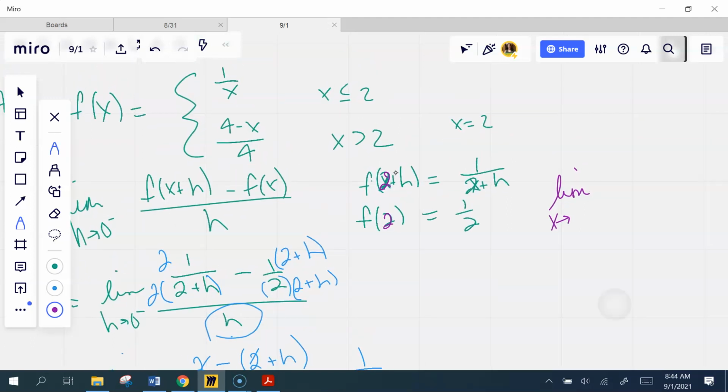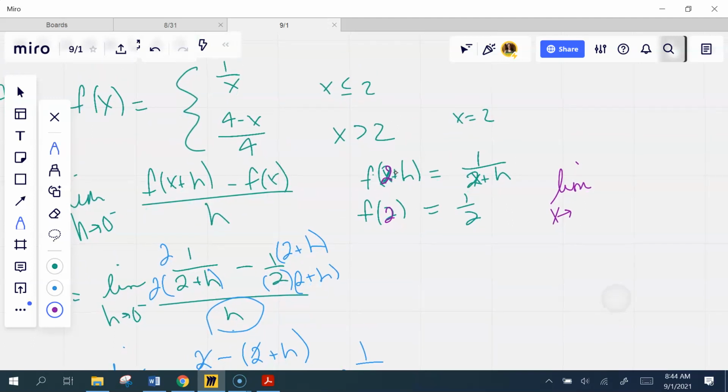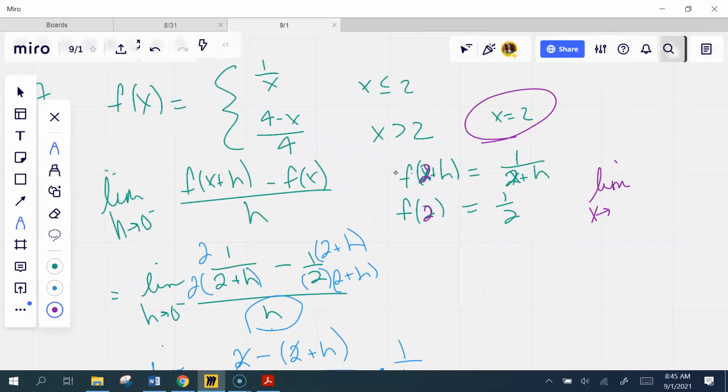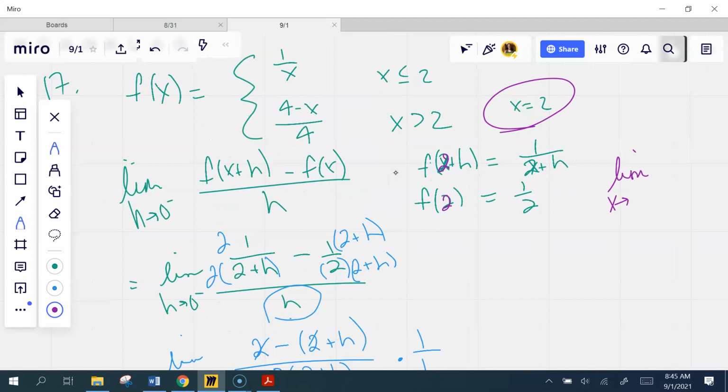So you plug in whatever x it gives you for x, because it said at x equals 2. At the end, you plug in 0 for h. And normally, if this is a normal limit, I plug in 0, I try substitution here, but I can't because I'd be dividing by 0. So that's the point of all the algebraic manipulation. That's why.